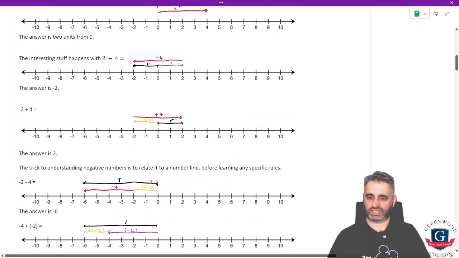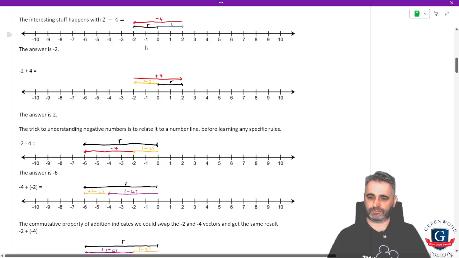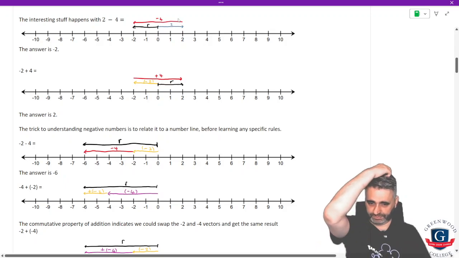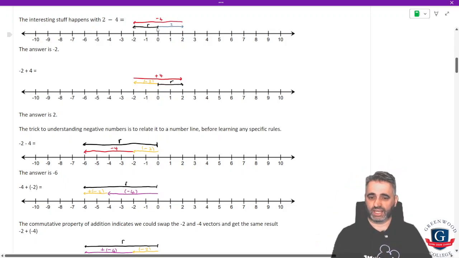Okay, the interesting stuff happens when we subtract more than what we start with. So 2 minus 4, so we're using the positive 4 vector in the opposite direction. And the distance from 0 now is -2.